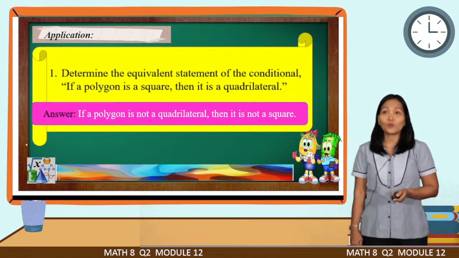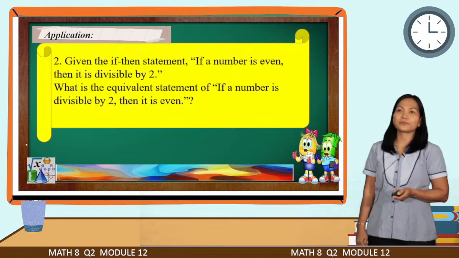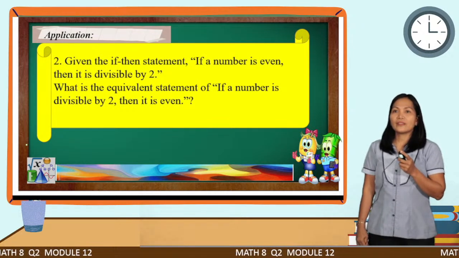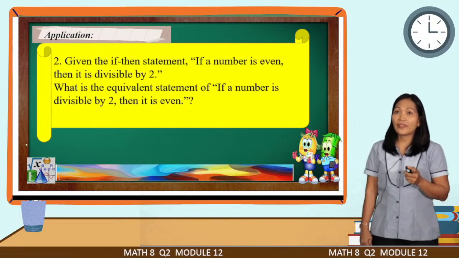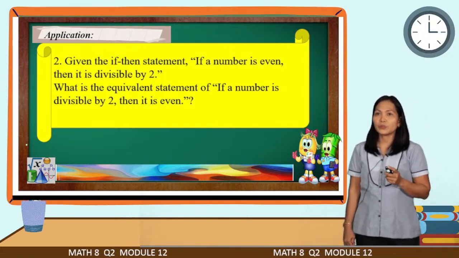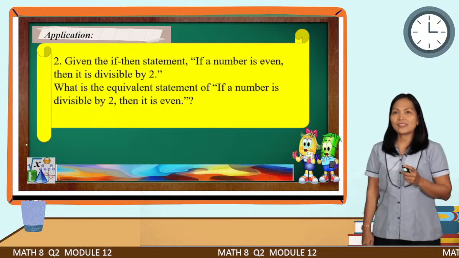Let's have the second question. Given the if-then statement, if a number is even, then it is divisible by 2. So what is the equivalent statement? Okay, what is the answer?